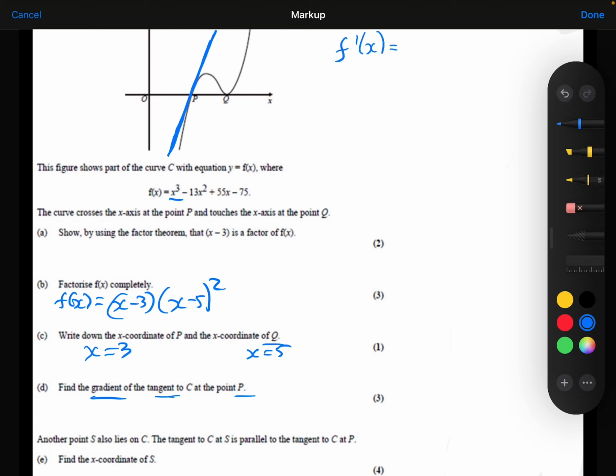So when we differentiate x cubed, we get 3x squared. When we differentiate the 13x squared, we're going to get 26x. When we differentiate the 55x, we get 55. And then when we differentiate the minus 75, because that's a constant, that's going to differentiate to be 0.